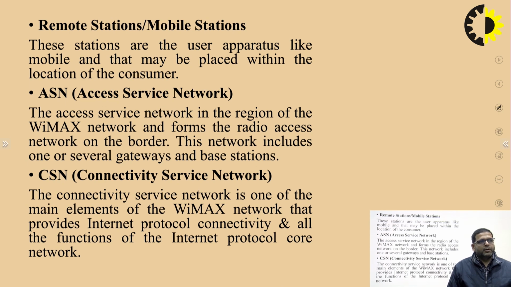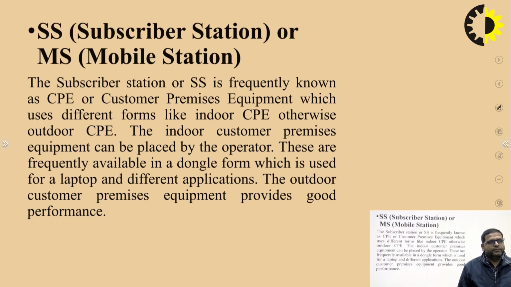The access service network is the region of the WiMAX network and forms the radio access network on the border. This network includes one or several gateways and base stations. Next is the connectivity service network. The connectivity service network is one of the main elements of the WiMAX network that provides internet protocol connectivity and allows the functions of the internet protocol core network. Next is the subscriber station or mobile station.